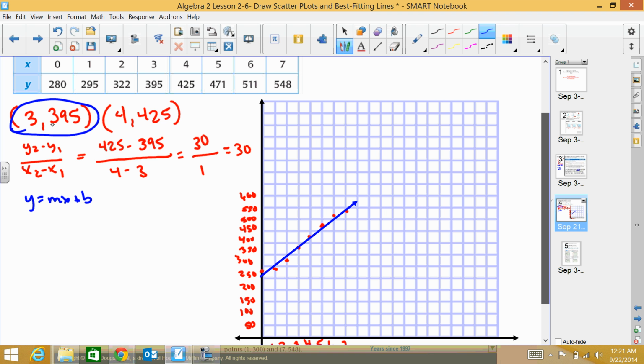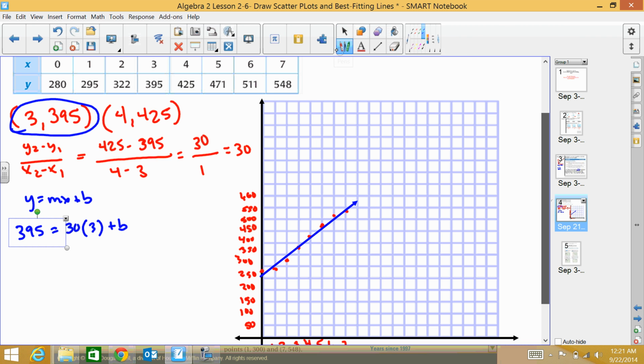And I'm going to plug in 395 for my y, and m is my slope, which would be 30, and then times x, which would be 3, plus b. So from here, I have to solve this for b, so I get 395 equals 90 plus b.